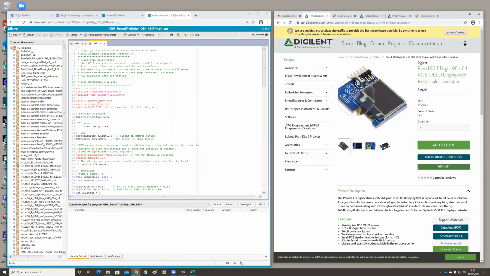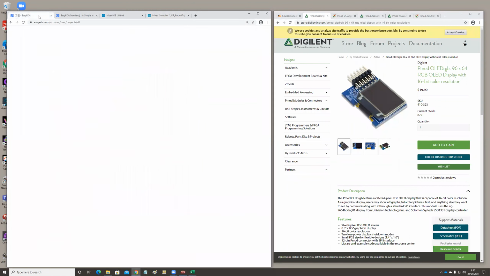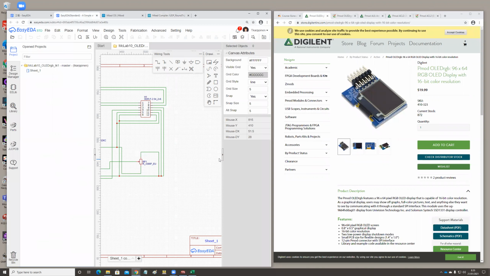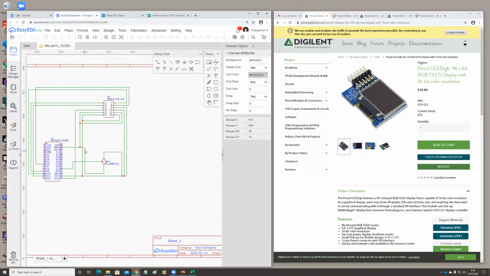Earlier we have been drawing in the EasyEDA environment. In this EasyEDA, we were drawing a simple diagram about how to connect the ambient light sensor in a circuit. So we have the microcontroller, sorry, not the ambient light sensor, but the display unit.